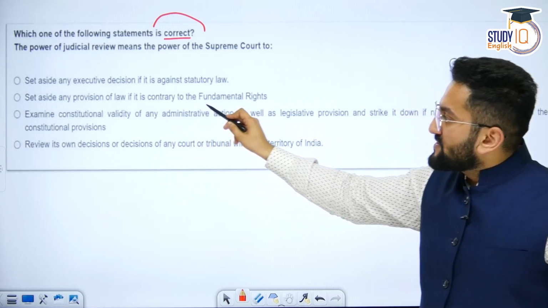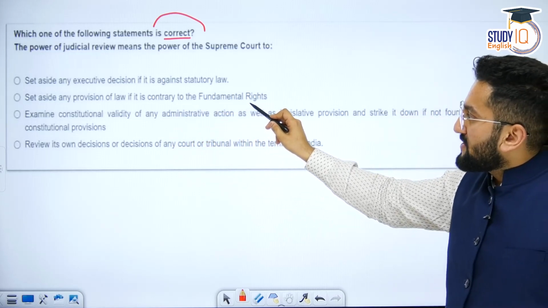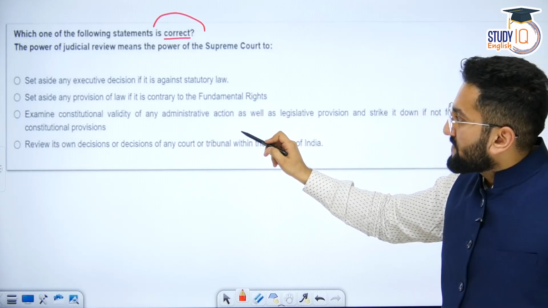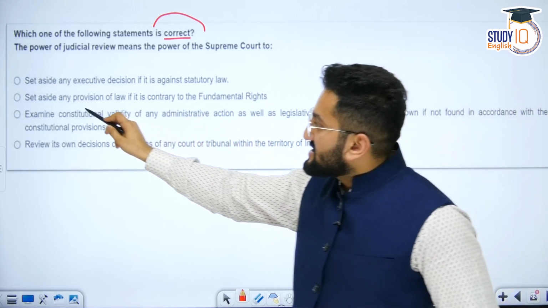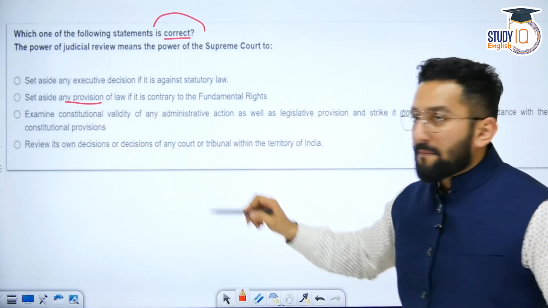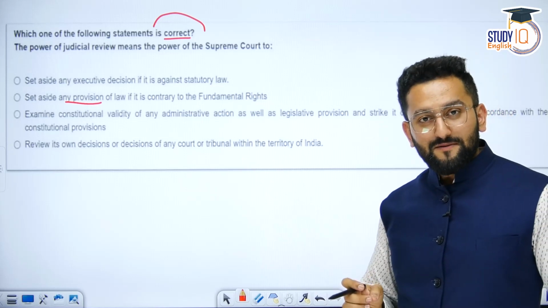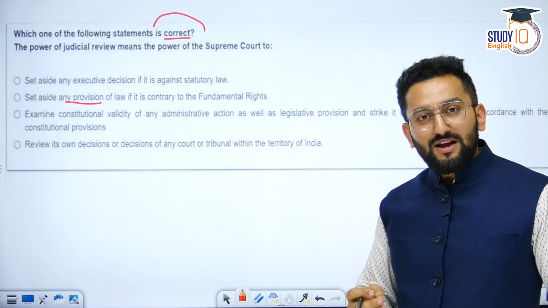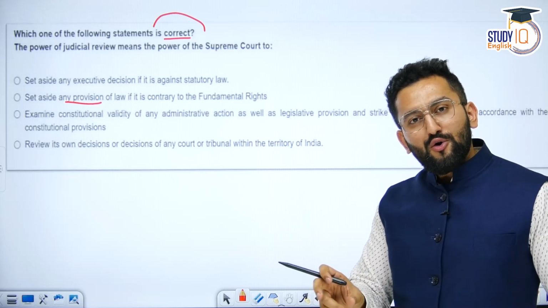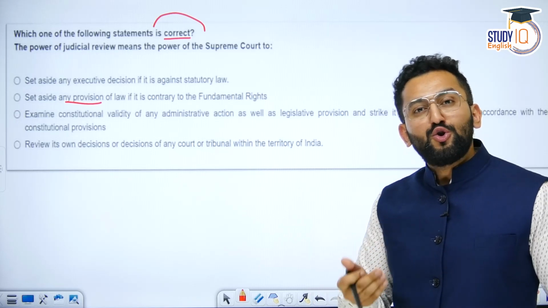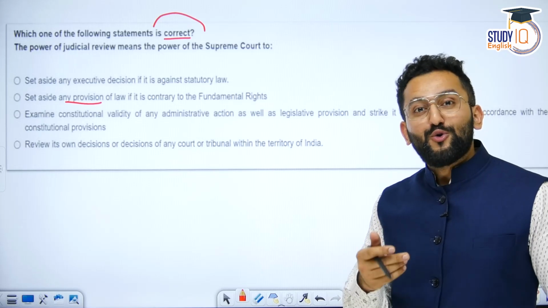Set aside any provision of law if it is contrary to fundamental rights. It is correct. But it is saying set aside any provision of law. Now tell me, is judicial review used just to set aside a provision in a law, or can it actually strike down the whole law? It can strike down the whole law.